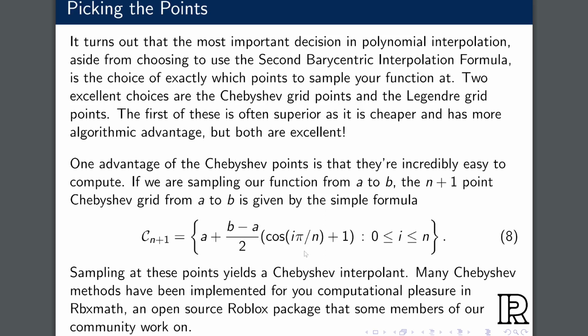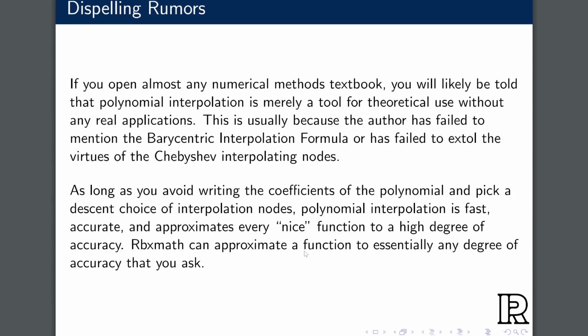And these are all false. Almost universally, this is an issue of the author either being unaware of or not mentioning the barycentric interpolation formula of either kind, or they do not have any discussion of the actual act of picking points for your polynomial interpolant. It turns out a terrible way of picking points is to just uniformly subdivide an interval.